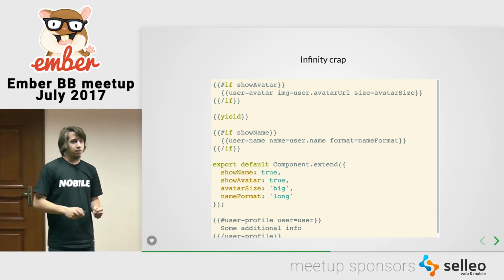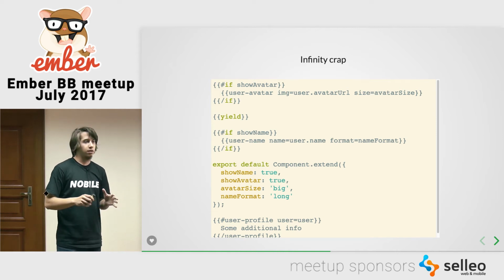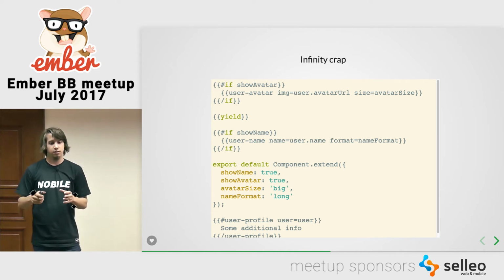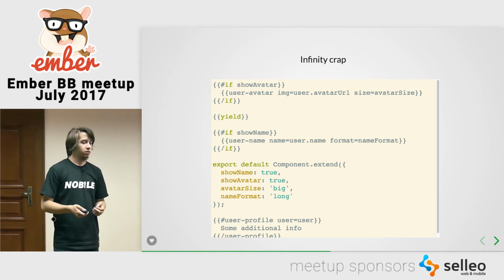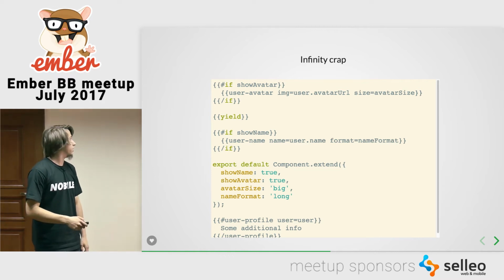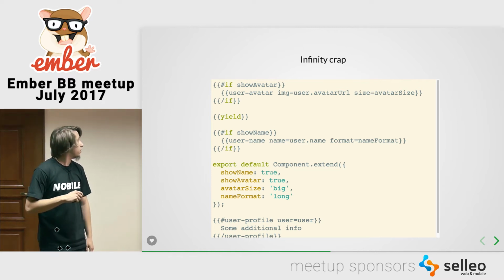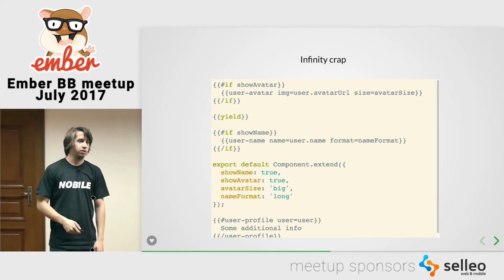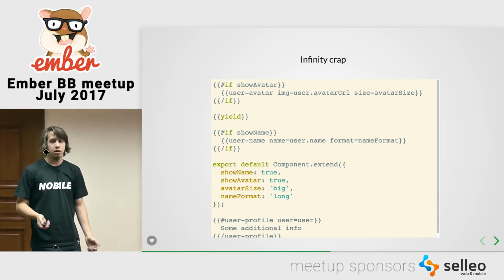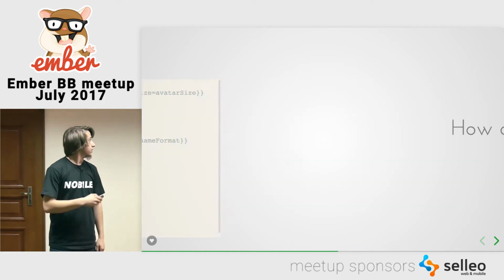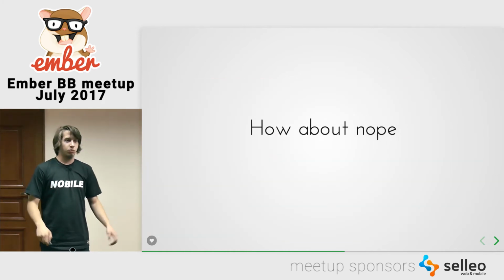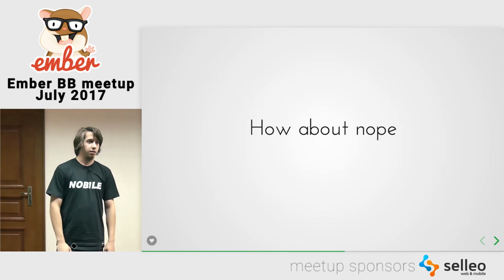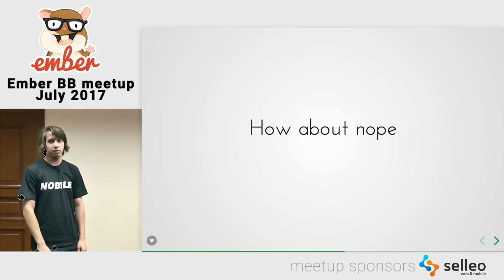But this is the place where we cannot extend it more, because if the client comes and says, I want to add something above this avatar, we need to rewrite this component and create a new one because this code is locked. So we can say to him, no, we need something else.